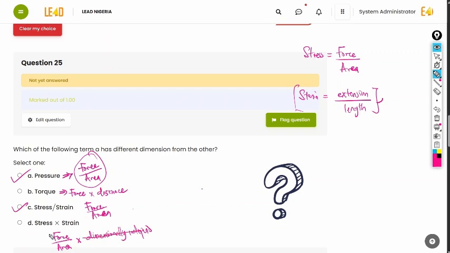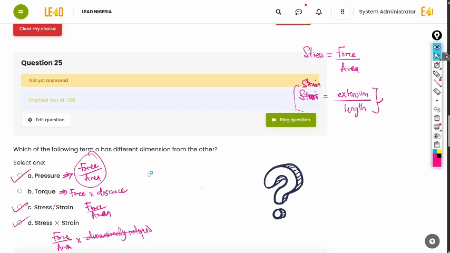You just end up with force over area. I'll repeat: strain is extension over length, both lengths, so they cancel out. Strain has no unit, so this is just force over area times nothing. So D is also force over area.